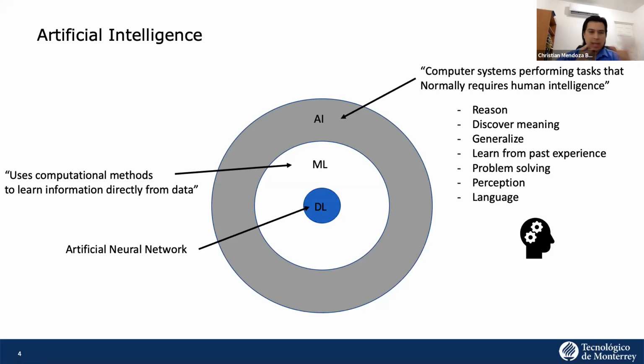Some examples that are probably quite famous right now are that computers are getting better results and beating humans in activities that are normally recognized as activities that we as humans do well because we are intelligent. And now computers are competing with us.